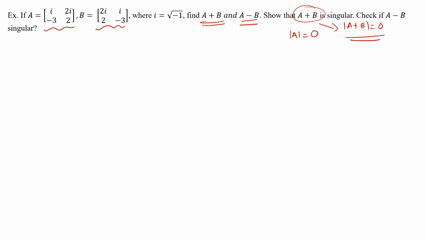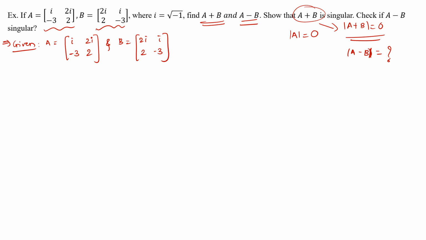And also further we have to check if A minus B is singular. मतलब क्या, determinant of A minus B भी निकालना है और ये चेक करना है whether ये 0 है या नहीं. Okay, so the given are the two matrices A equals to iota 2 iota minus 3 2 and B equals to 2 iota iota 2 minus 3.